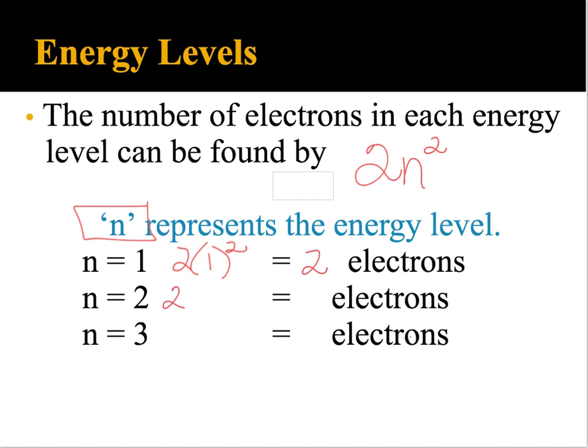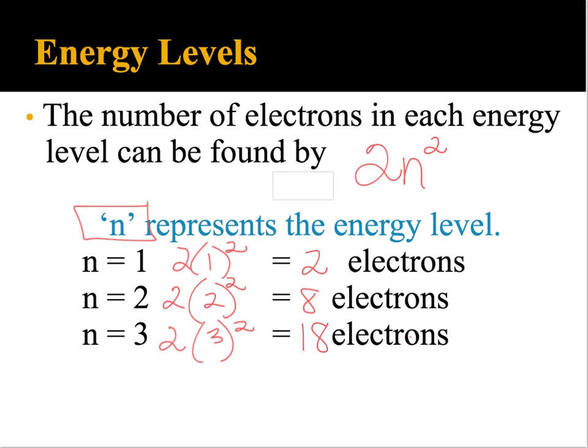We can do it again. 2, the second level, squared. 2 squared is 4 times 2, and that gets us 8 electrons. For the third level, 3 squared is 9 times 2 is 18.